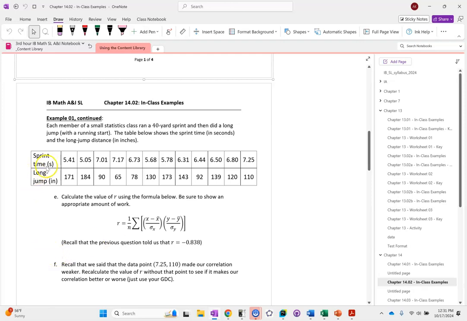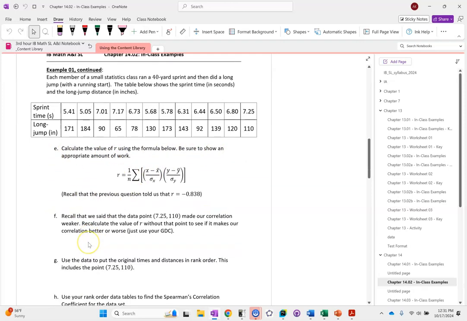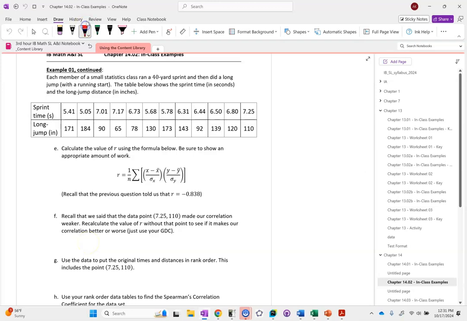All right, we got the same data. It wants us to calculate the value of r using the formula below, show an appropriate amount of work. So, what is my n? 12. My first x is 5.41.